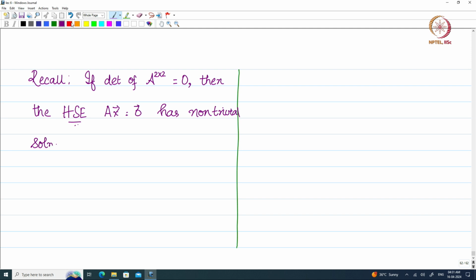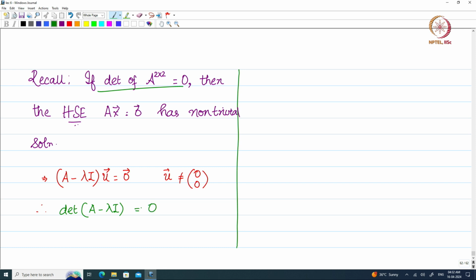Now, what does that mean? That simply means, here again, we want A minus lambda I times u is equal to 0. We wanted our u to be not equal to the 0 vector, and therefore, equivalently, the determinant of A minus lambda I is equal to 0.